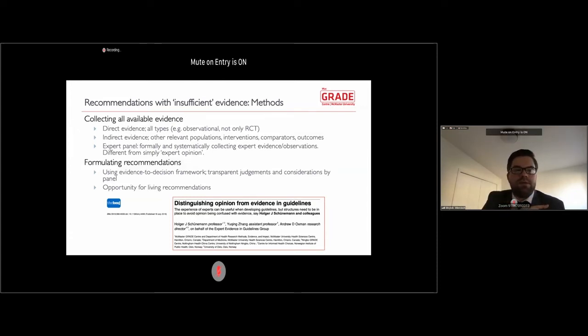Circles back to the opportunity for living recommendations if new evidence is expected to be published.